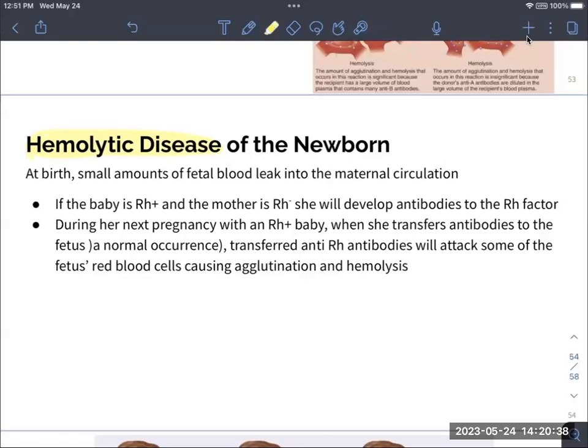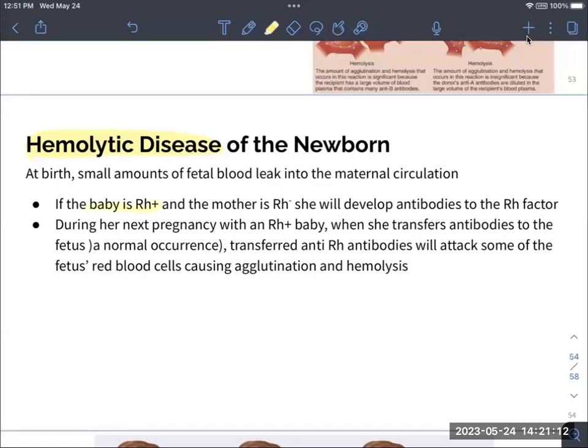Now we're looking at the Rh factor specifically. Say mom has Rh positive blood, dad has Rh negative blood. Dad gives the baby Rh negative blood, mom has Rh positive blood. The first child, she will develop antibodies.